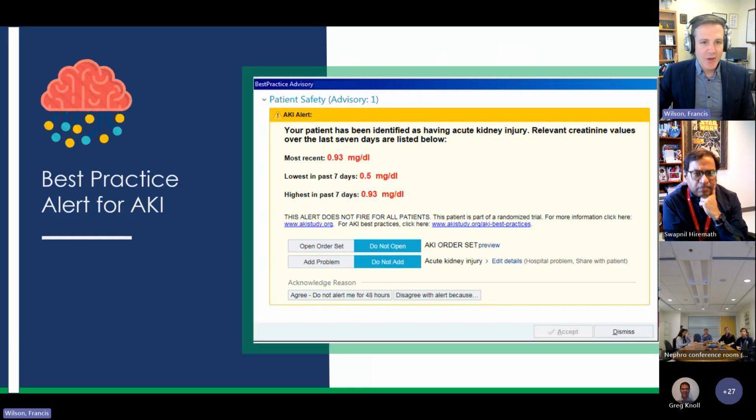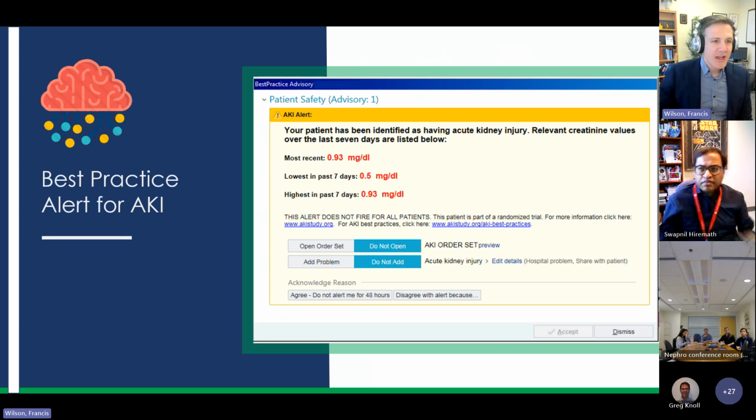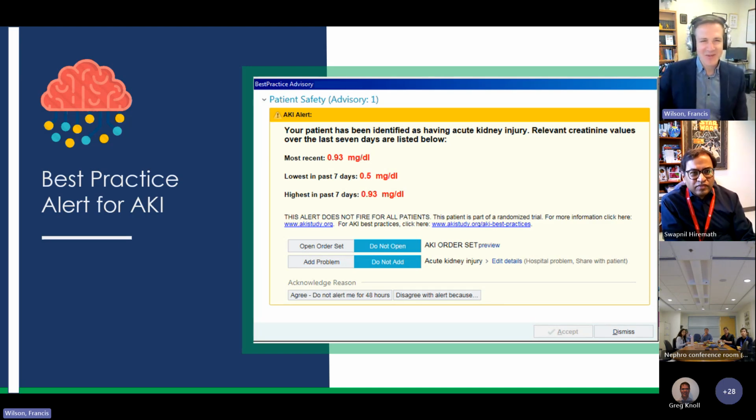This is what that original alert looked like. You'll see the typical, I don't know if you're an Epic shop up there, but this is the typical Epic color scheme. We often get a lot of good feedback about the user interface of the alert, and unfortunately it's not as customizable as I would like within the Epic ecosystem. Things are improving though.